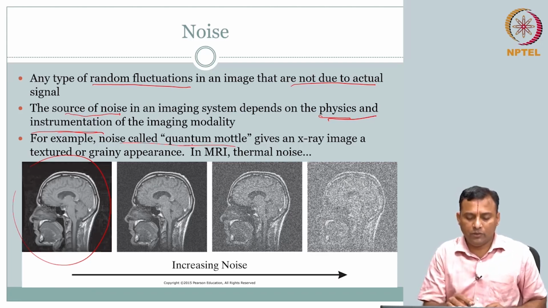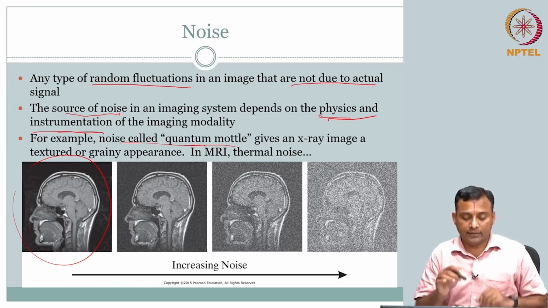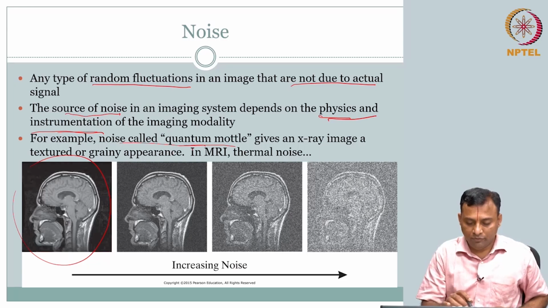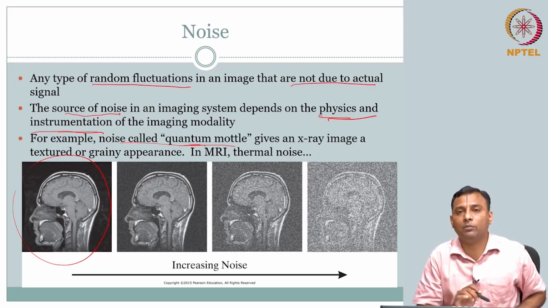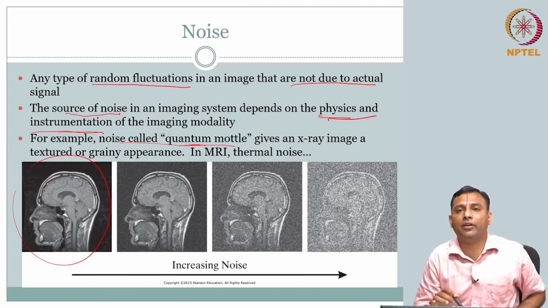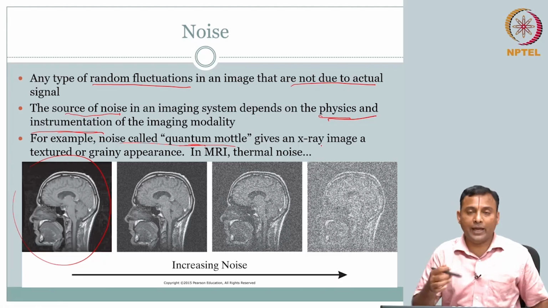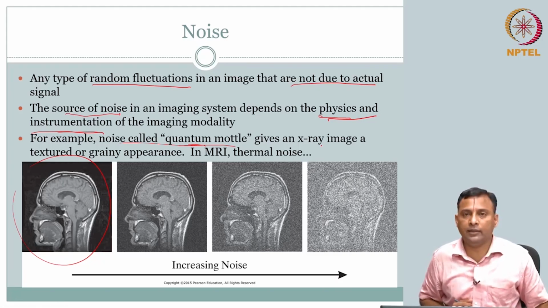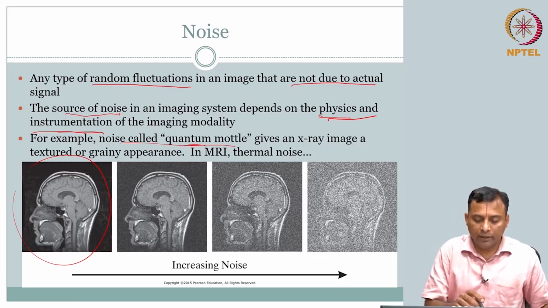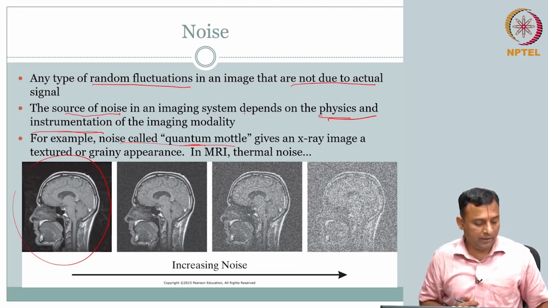This is a physical phenomenon, because of which the signal that is coming has some fluctuations, which is called quantum mottle. The other one is, in MRI for example, you have thermal noise. So you can have different sources for the noise, some dependent on the physics, some limited due to your measurements and instrumentation.